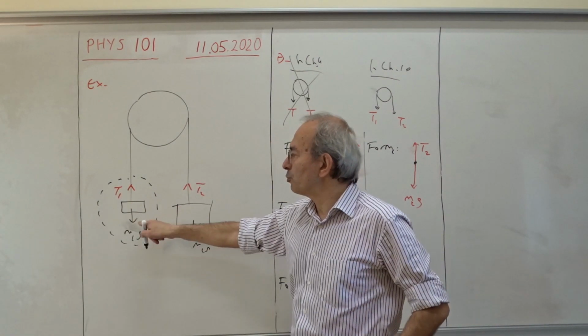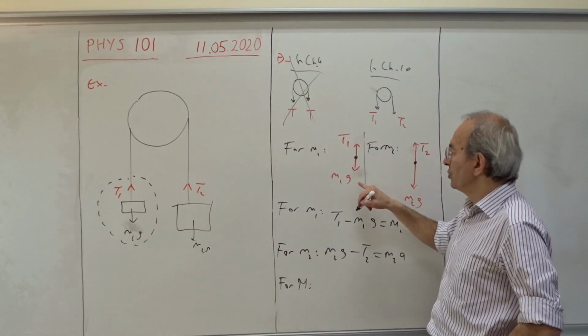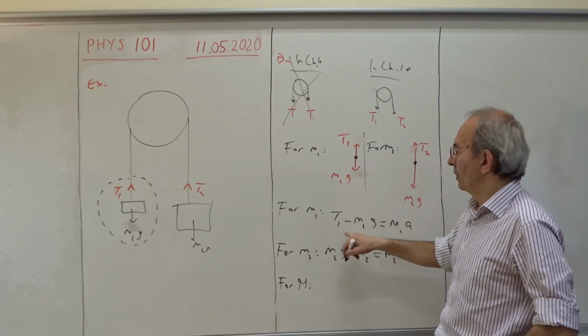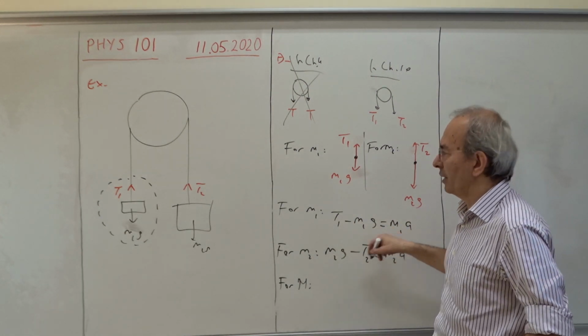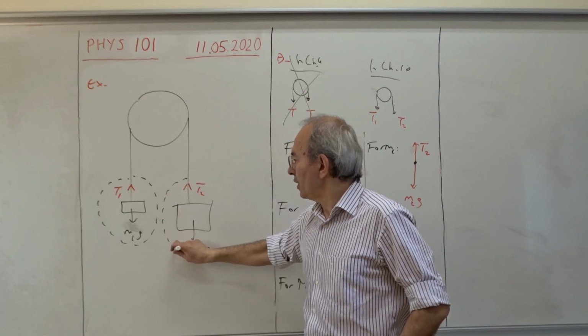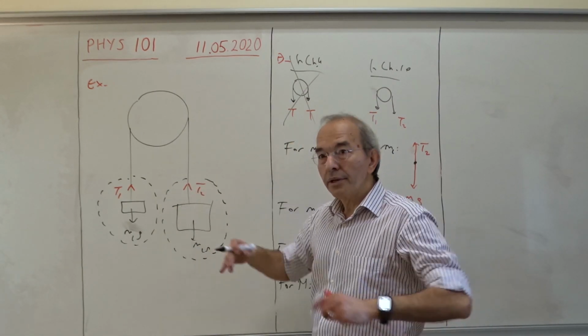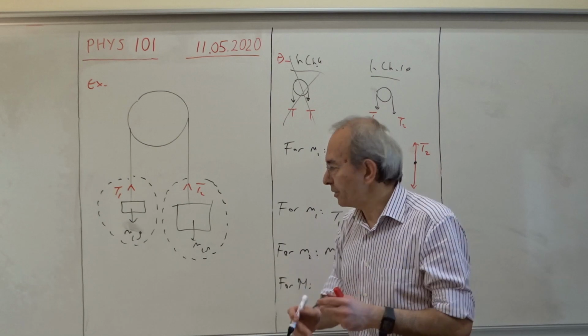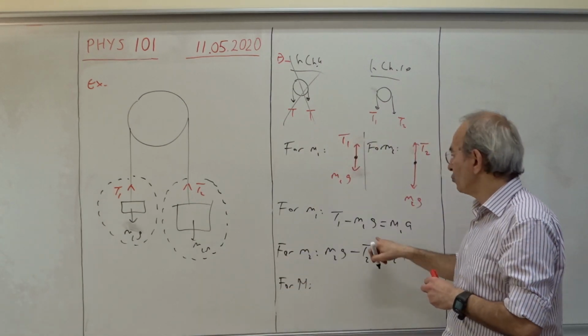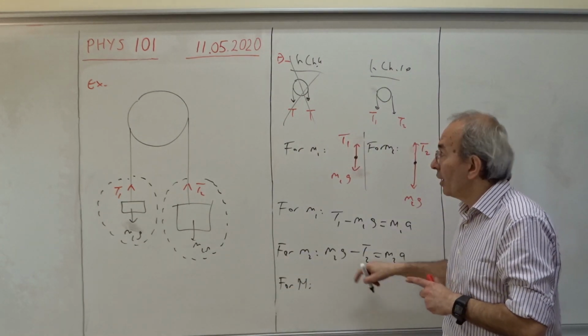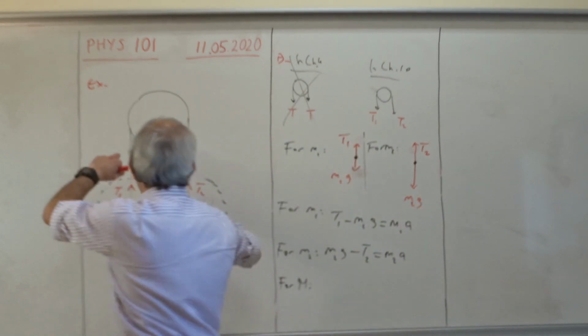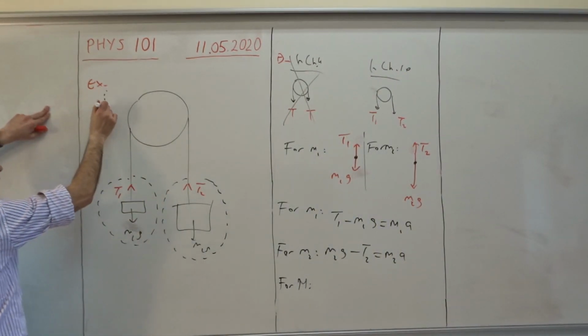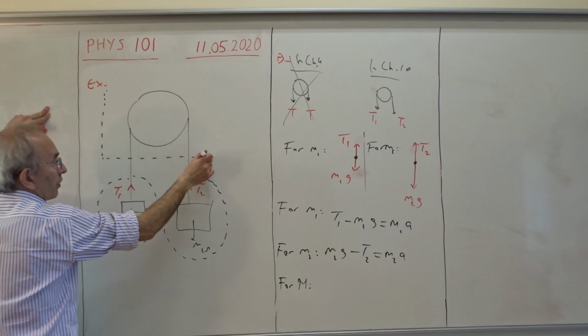If you isolate this body, you would write just this one: T1 minus M1g equals that. Similarly, this one. If you isolate, cut it away from the environment, we have these two forces, and M2g is necessarily greater than that. What about that one? Now, when you look at the pulley, this is the picture you have to consider.